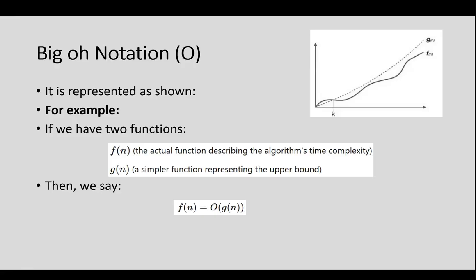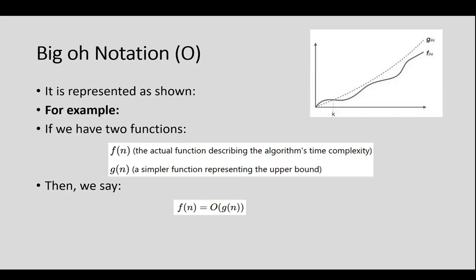Now we will take the example, and see why g of n is written and why f of n is written. f of n is the function of that particular algorithm, and g of n is nothing but the upper bound we are setting. Above that bound, the time complexity will never increase faster.